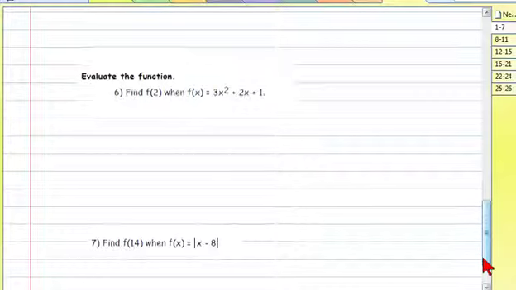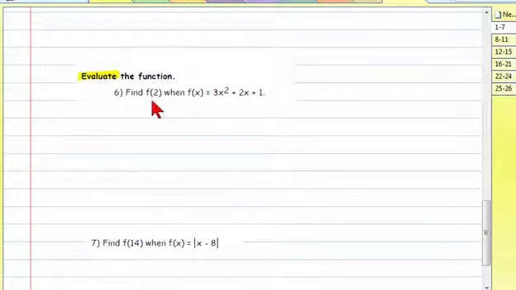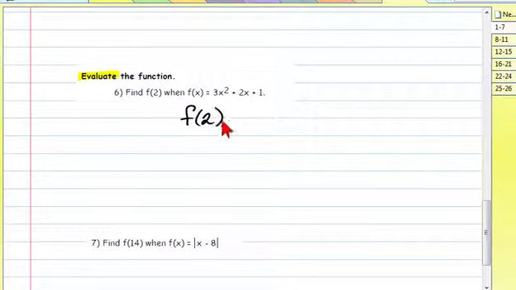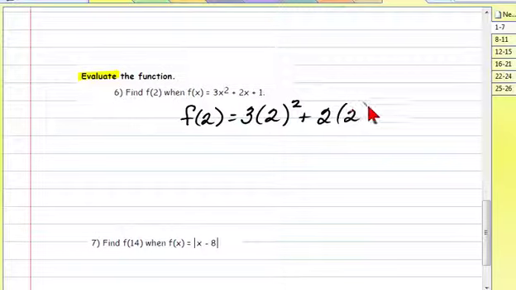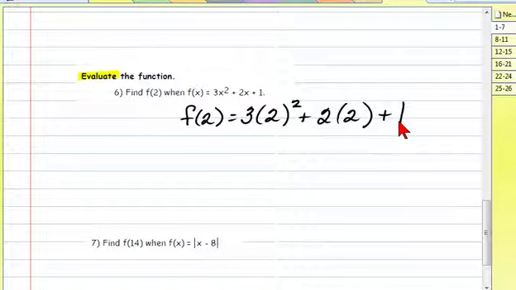Okay, problem number 6. The instructions say to evaluate the function. It says find f of 2. So f of 2 is going to be 3 parentheses 2 squared plus 2 parentheses 2 plus 1. I need to simplify this.